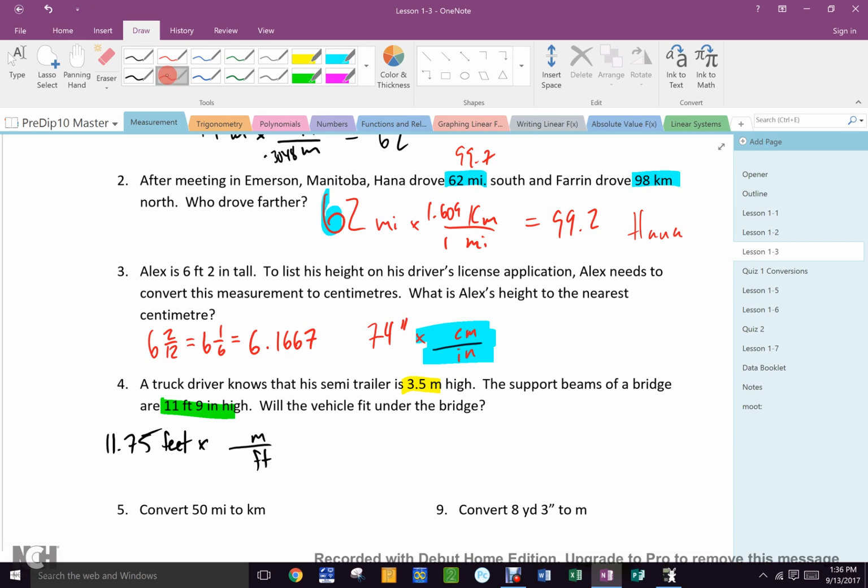But what is the warning that you have to be careful about when you do 3.5 meters and you convert to feet over meters, which is going to be 0.3048. I'm sorry, I did that wrong. 1 foot, 0.3048 meters. What's going to happen when you punch that into your calculator? What's it going to give you?